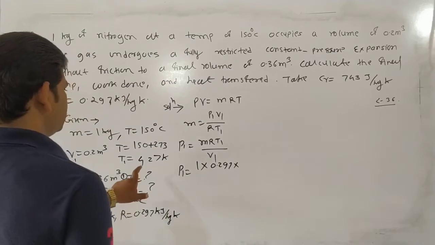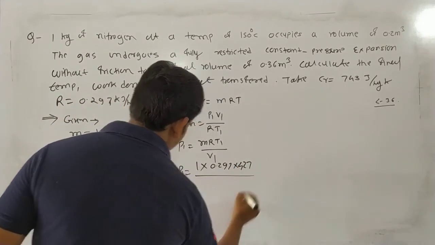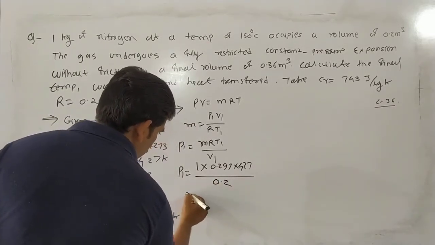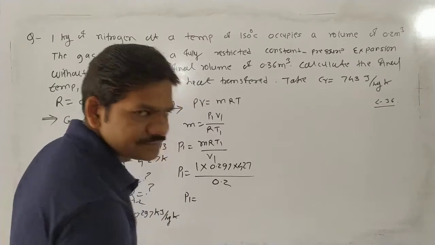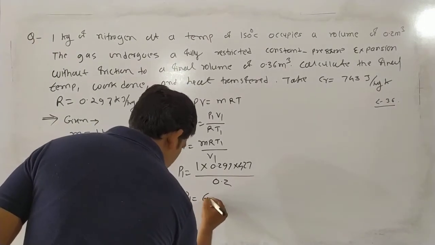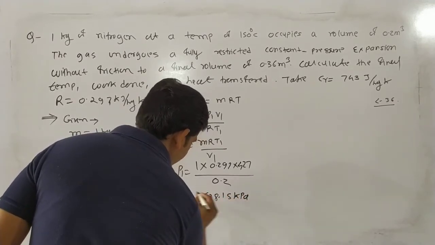T1 is how much, guys? It is 427 upon V1. What is the initial volume? 0.2. So do the calculations. What is this value? The P1 is 628.15 kilopascals.